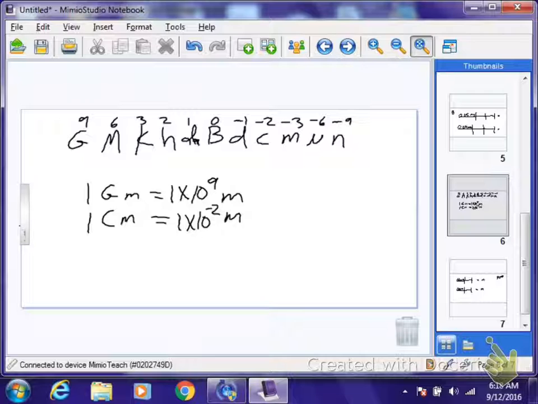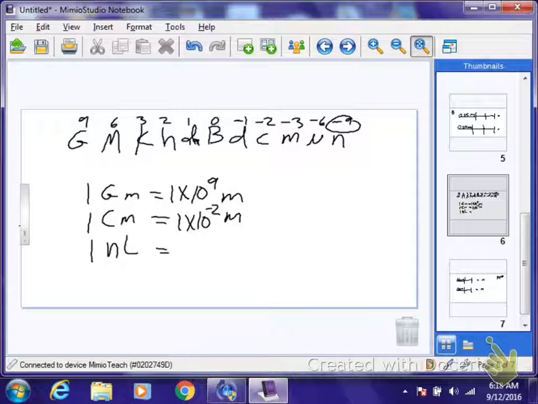If we went from, let's say, nanoliter, okay? So we go 1 nanoliter. We look at our prefix here. This here is a -9 for nano.